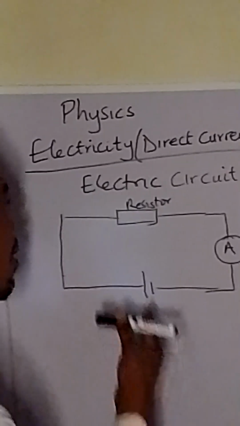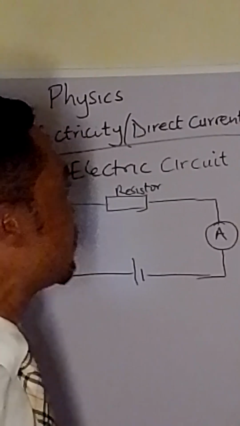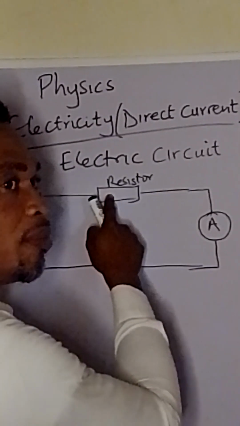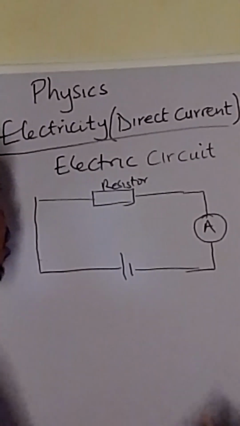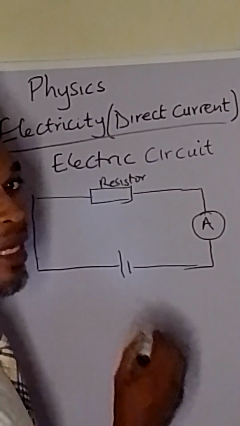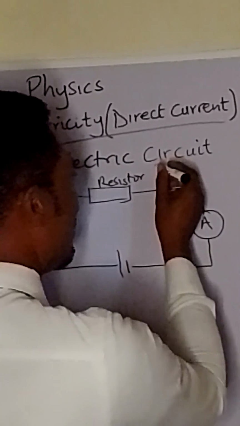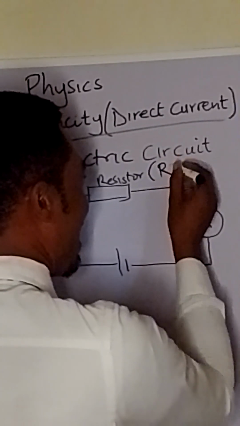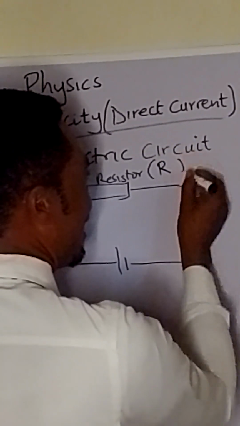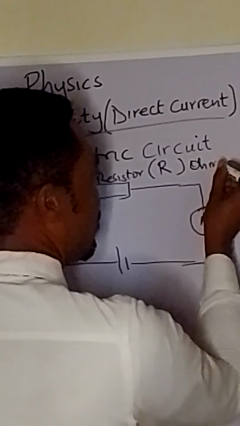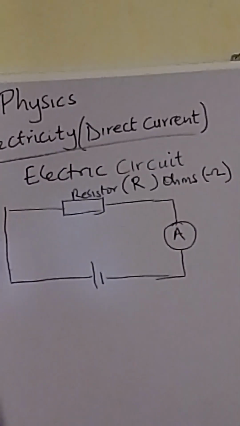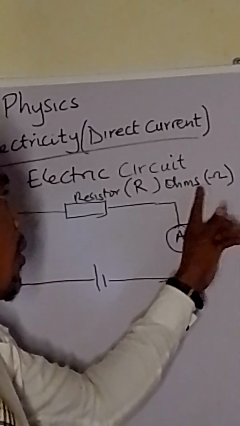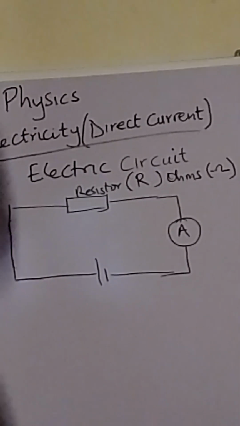Okay, this is how an electric circuit looks. This is the symbol for resistor. The resistor offers the resistance to the circuit, which we denote with capital letter R, and is measured in ohms. So this is the symbol for ohms. Whenever you see this, it means ohms, the unit of resistance.